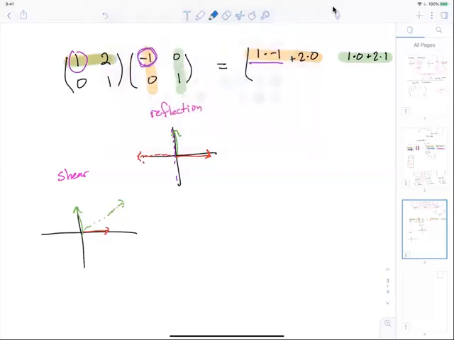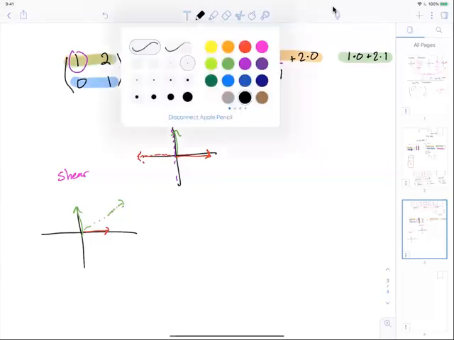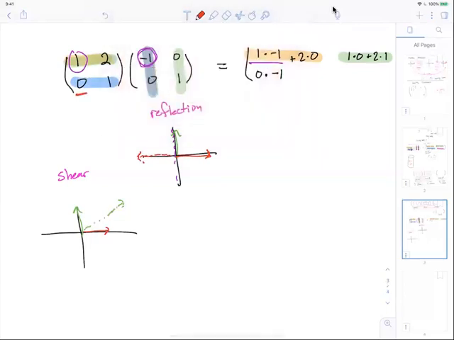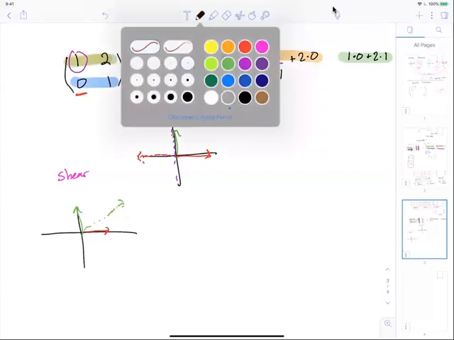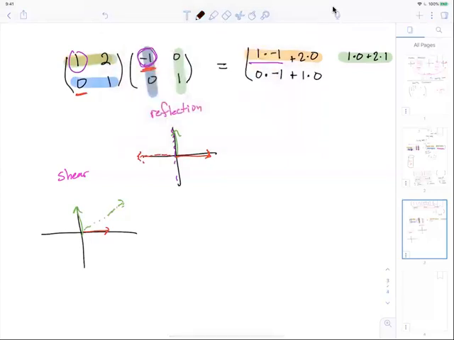Let's keep going. Second row, first column is going to be 0 times minus 1 plus 1 times 0. And that gives us that entry.